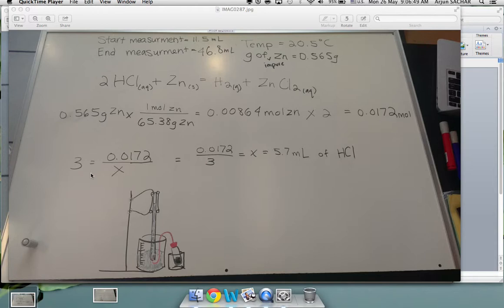So to find molarity, it's moles over liters. So we put 3 equals 0.0172, which is the number of moles, over X, which would represent the number of liters. And we got 5.7 milliliters of HCl, which was 0.0057 liters of HCl.